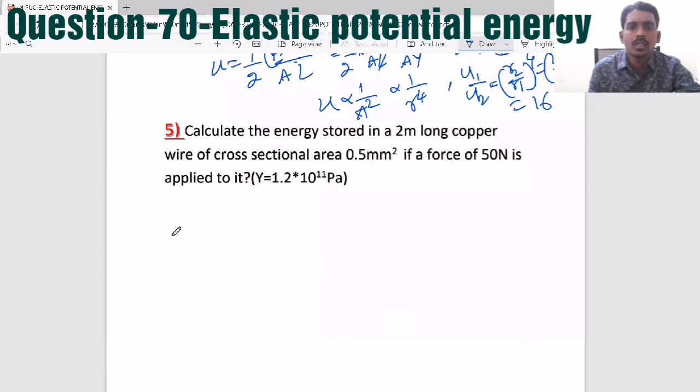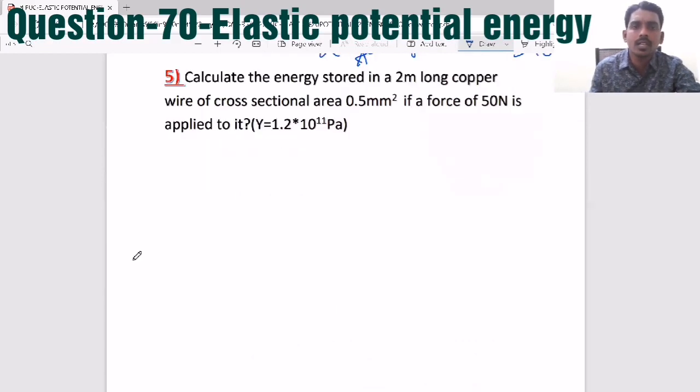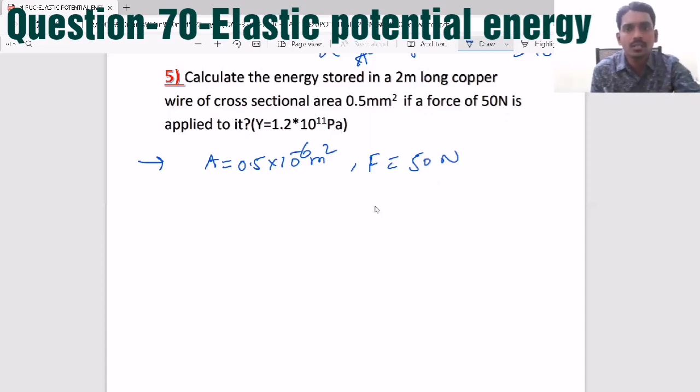Then the last and final question: calculate the energy stored in a 2-meter long copper wire of cross sectional area 0.5 millimeter square, which means 10 power minus 6 meter square, and a force of 50 Newton is applied to it.